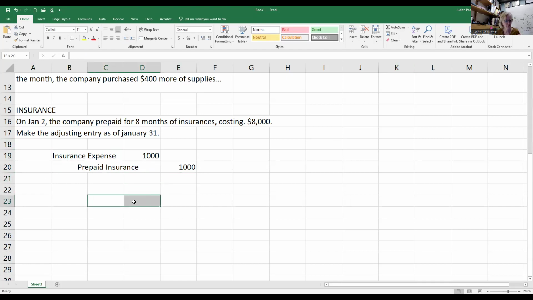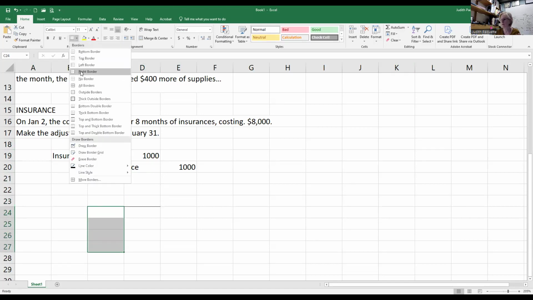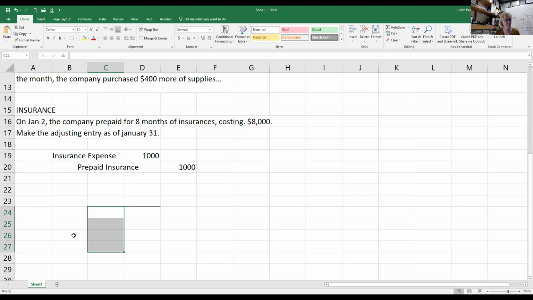So if you imagine a T account for insurance, in chapter 3, we paid it. I mean, we didn't do insurance in chapter 3, but we originally paid this and we debited prepaid insurance and we credited cash. And that was for 8 months.